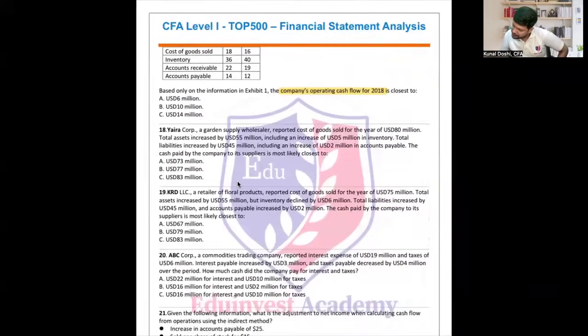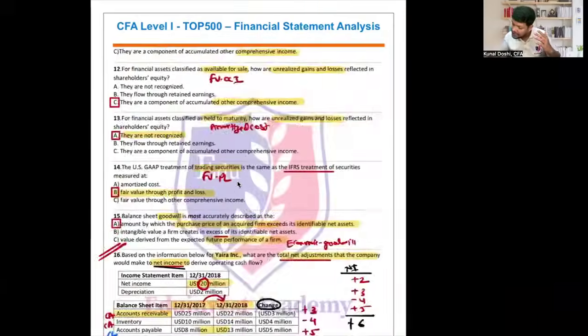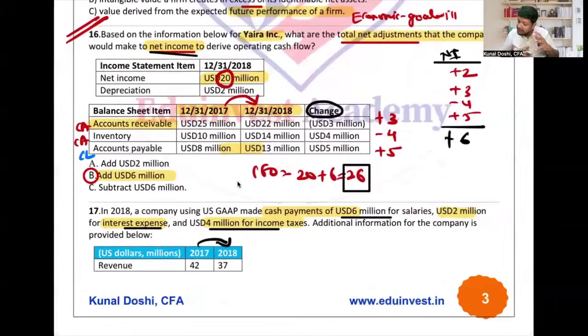For CFO, if they give you net income and depreciation, then you can use the indirect method. If not, you have to use the direct method.